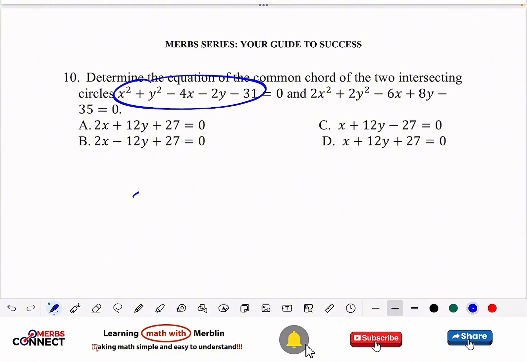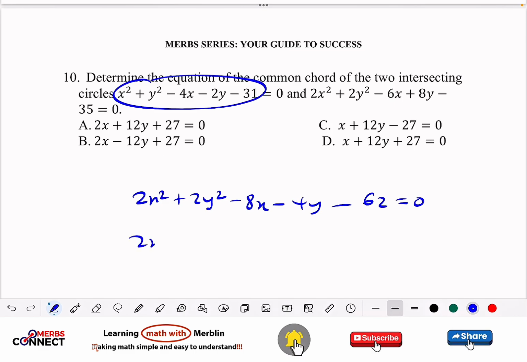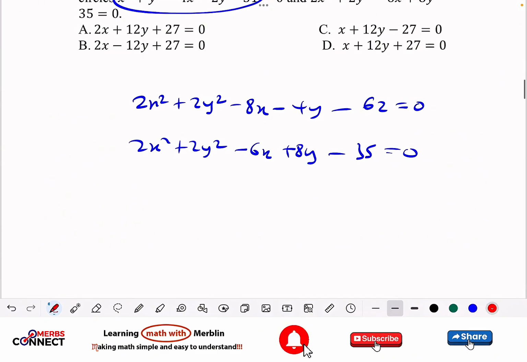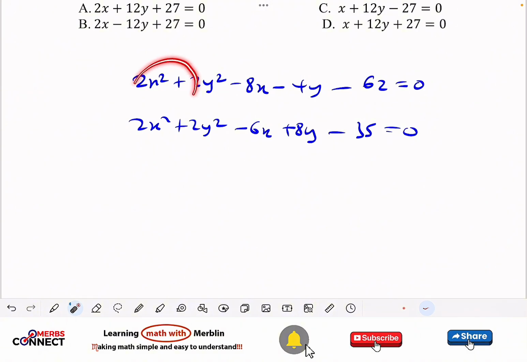So multiplying by 2, 2x squared plus 2y squared minus 8x minus 4y minus 62 is equal to 0. And then I have 2x squared plus 2y squared minus 6x plus 8y minus 35 is equal to 0. So intersecting chord means that this is equal to this.